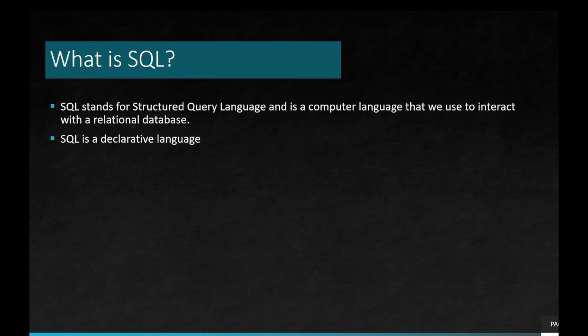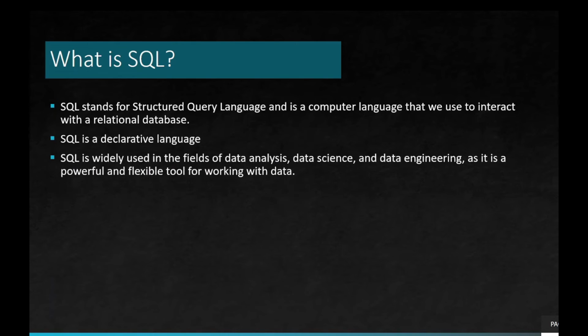It is also a declarative language, which means that you specify what you want to do, not how you want to do it. The database system will figure out the best way to execute your query and return the results. It also supports some procedural elements such as variables, functions, and stored procedures that allow you to write complex and dynamic queries. SQL is also the foundation for data analysis.